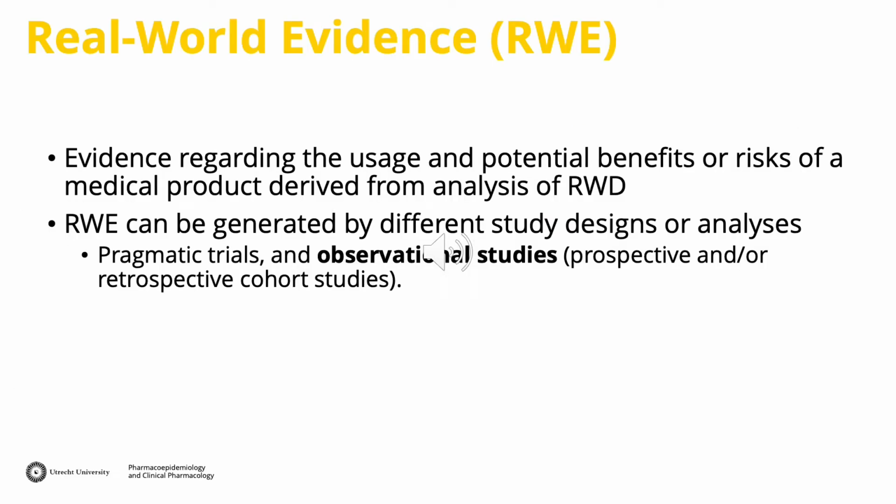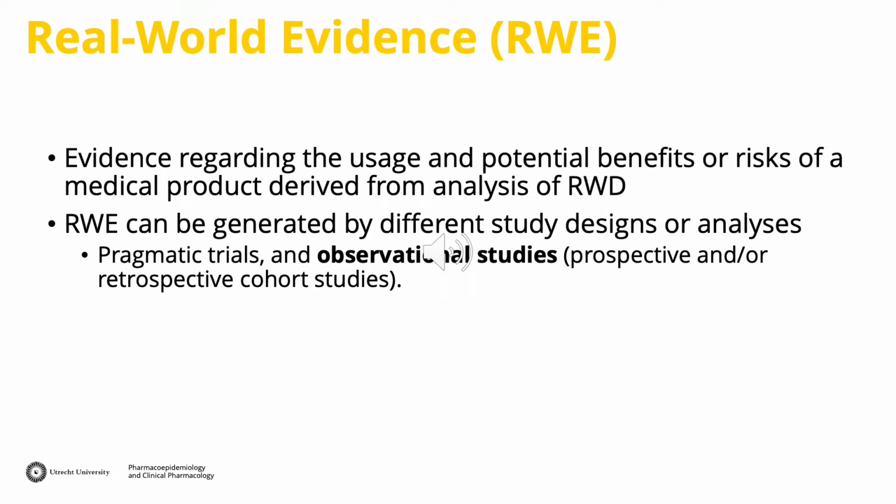So when we conduct a study using real-world data, we typically refer to the results of that study as real-world evidence. So real-world evidence is just evidence regarding the usage and potential benefits or risk of a medical product or a medication derived from the analysis of real-world data. So real-world evidence can be generated by different study designs or analyses.